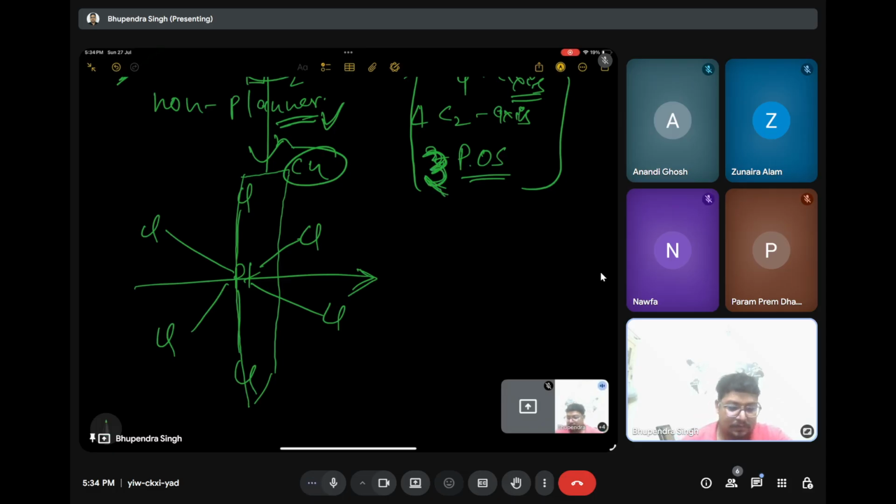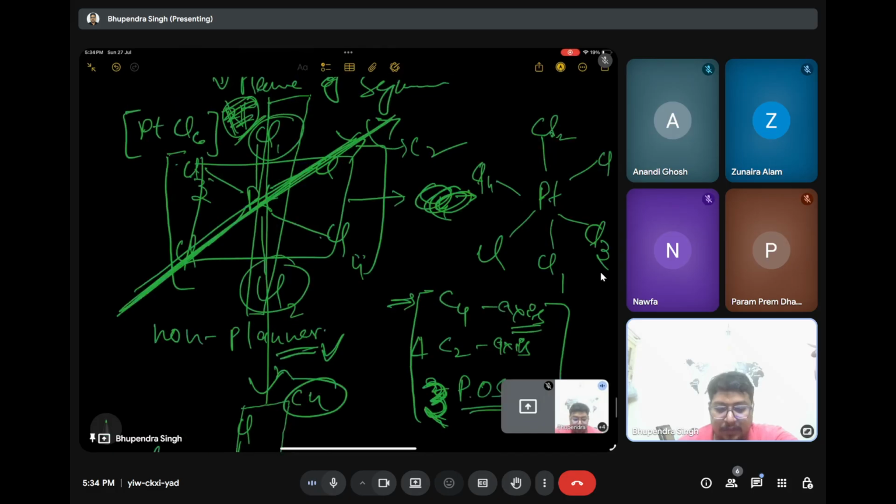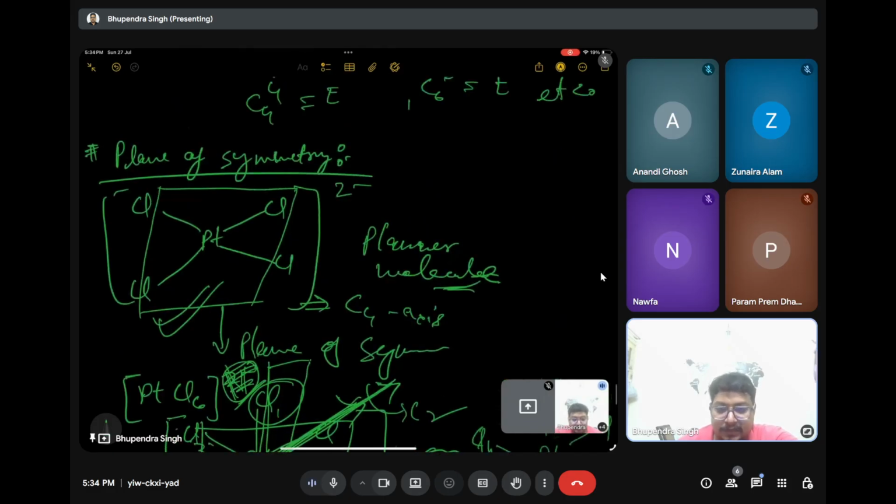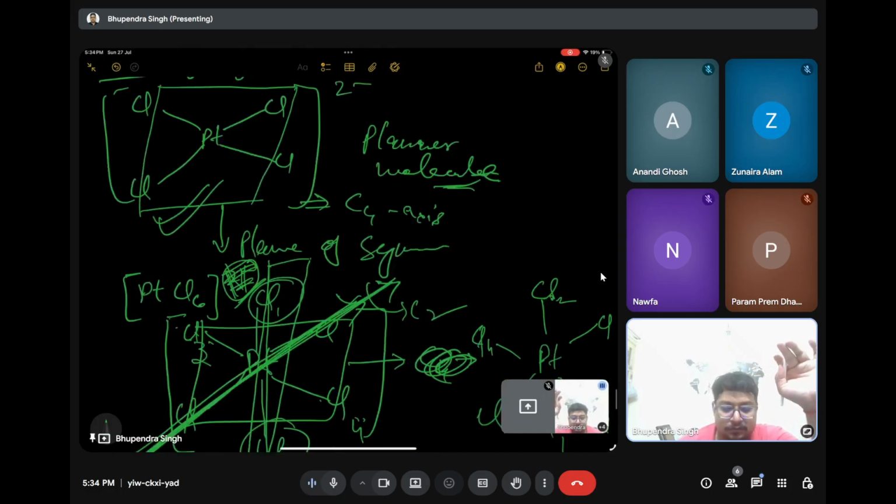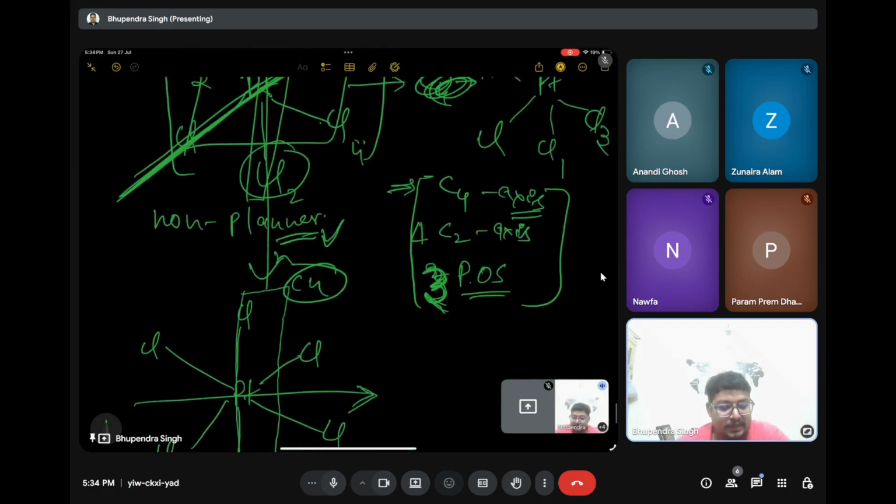Maybe more planes are present here, but to make you understand the plane of symmetry I am giving you an example, so don't consider that only three planes are present. Later on we will figure out the point group of this molecule. If you determine the point group, then your job is done.